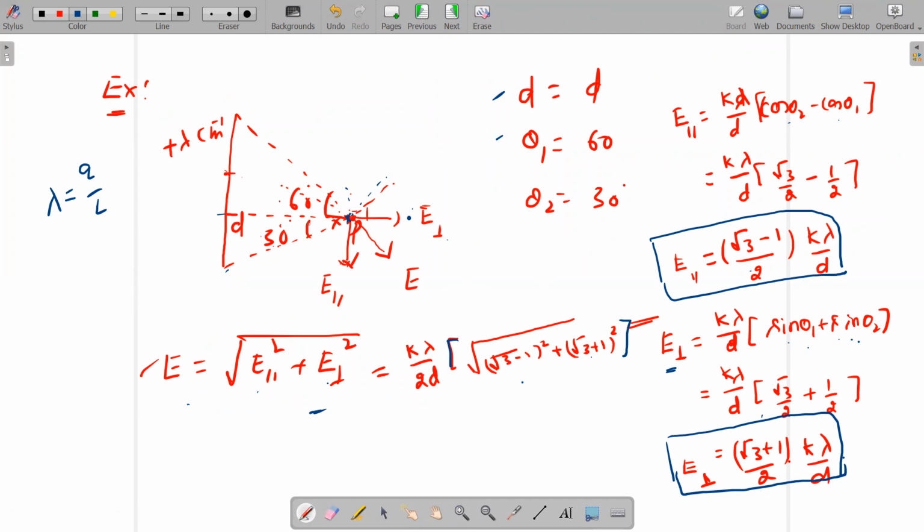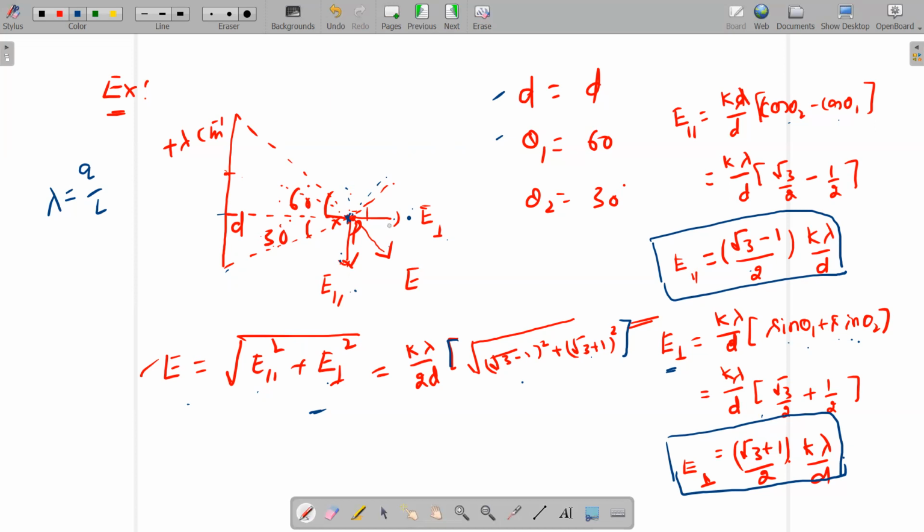If you take the same amount of element subtending 30 degrees, E perpendicular will come here only, but E parallel will come down. So these two will cancel out. But because of the remaining top element, E perpendicular will be here, but E parallel will come down. So the net E parallel will be downwards. This is how we decide whether E parallel will be down or up.